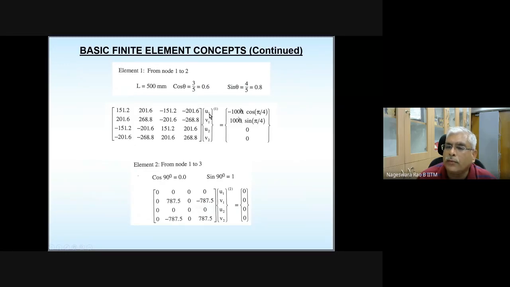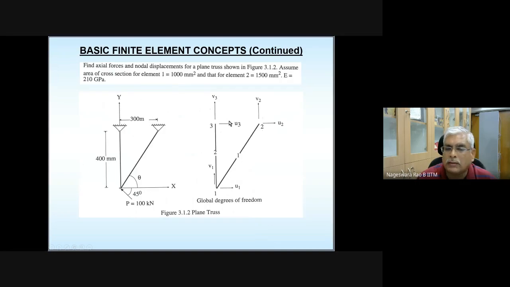Force at node 1, along global x-axis, force at node 1 along global y-axis. Just see whether this sign is correct or not. When you resolve this force along the global x-axis, it is going to be acting in the opposite direction to the global x-axis, so it's going to be negative.